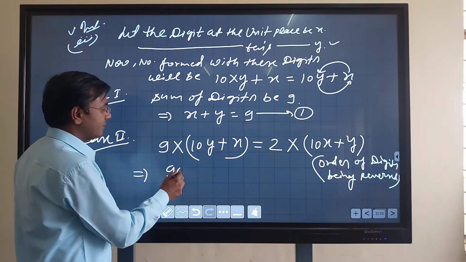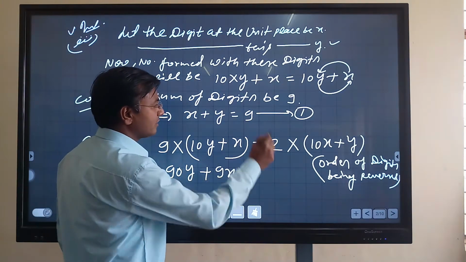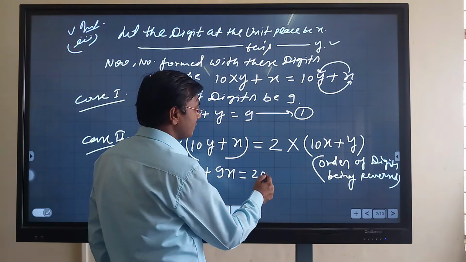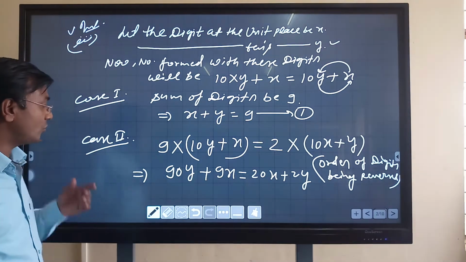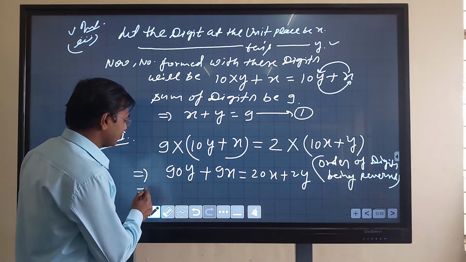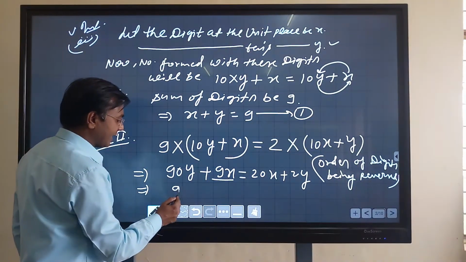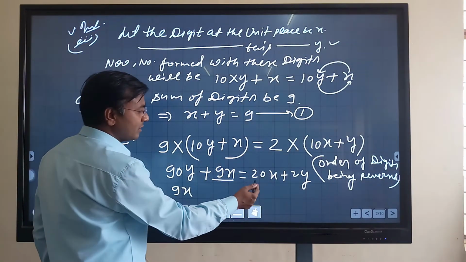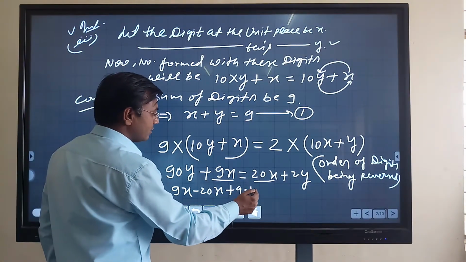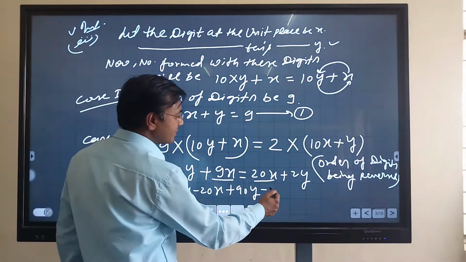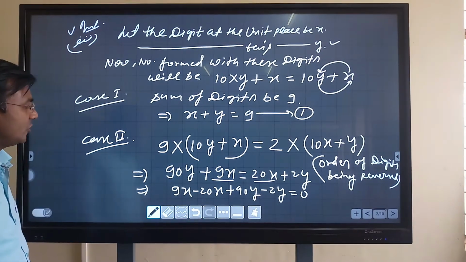Now we get 9 times, that is 90y plus 9x, equals 20x plus 2y. We are multiplying by 2, okay. Now transposing the variables from right to left. So see, we are writing first of all x from 9x and this minus 20x plus 90y minus 2y equals, there is nothing, so it becomes 0.